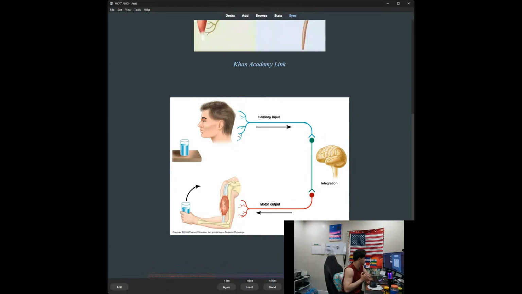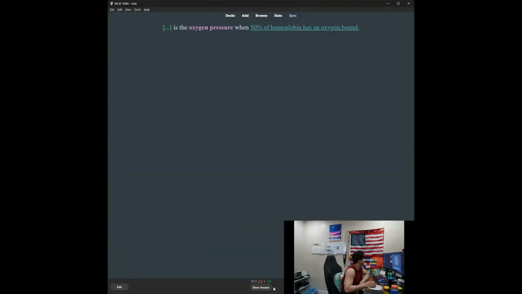Sensor for touch, light, sound. Touch, light, sound. Well, anything sensory. Integration.